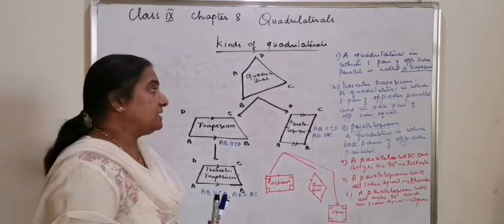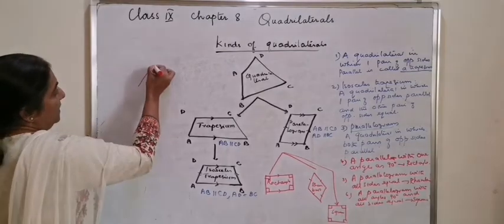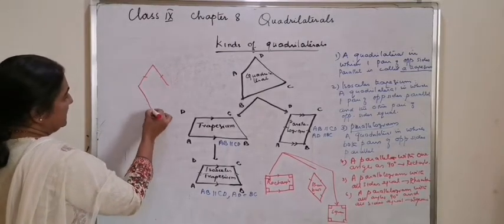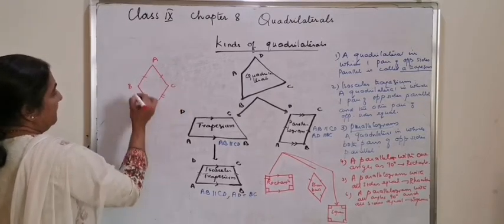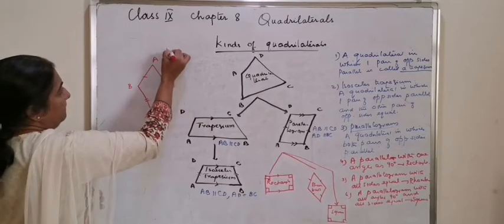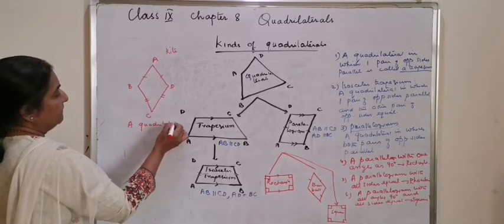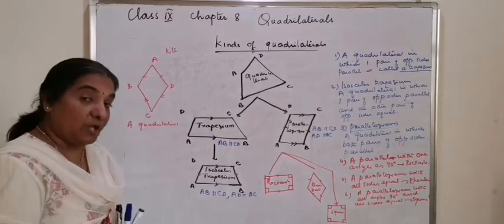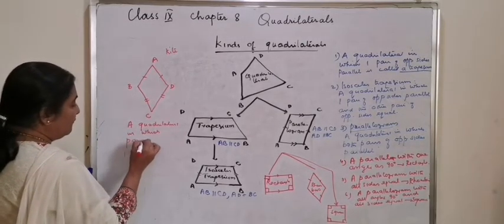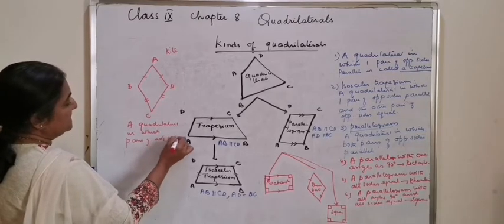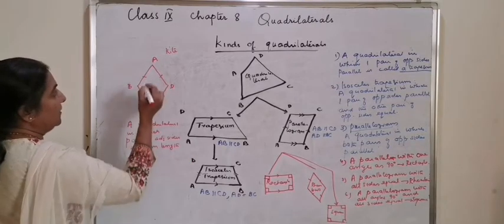And now a special type of quadrilateral called a kite is when each pair of adjacent sides are equal. That means in the figure, a quadrilateral in which all four sides need not be equal, but pairs of adjacent sides are equal in length, is known as a kite.